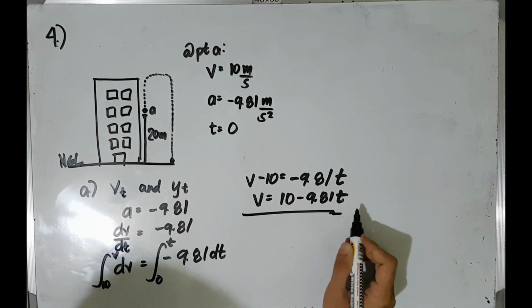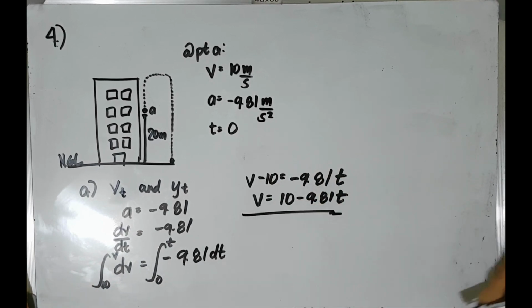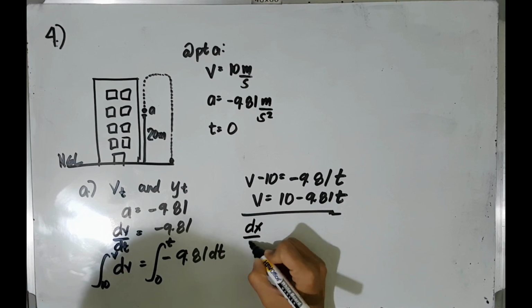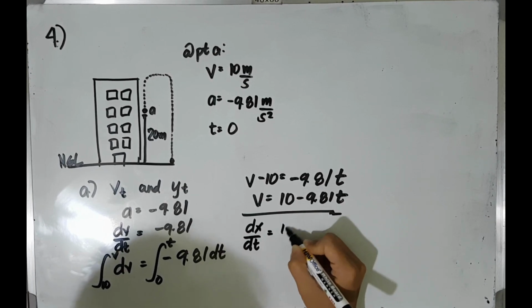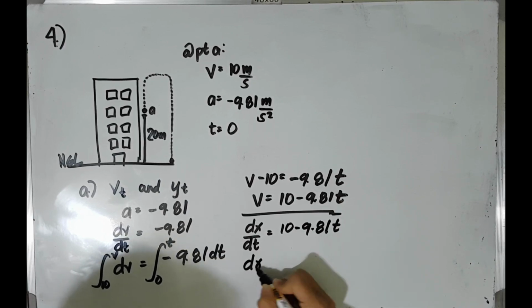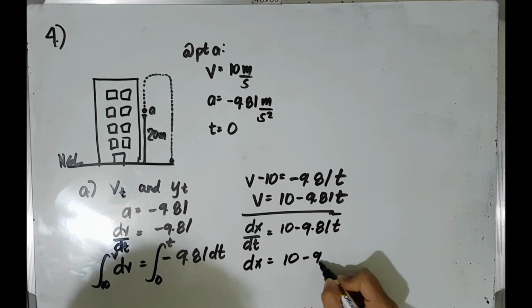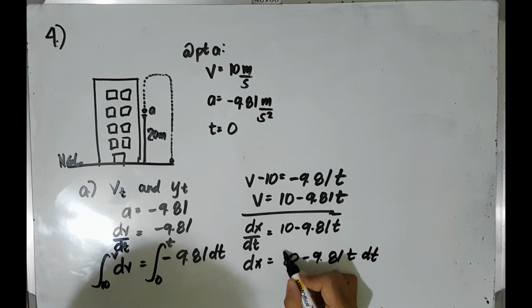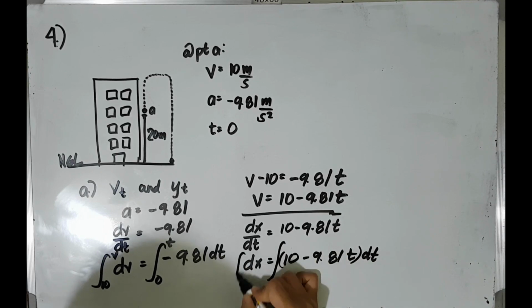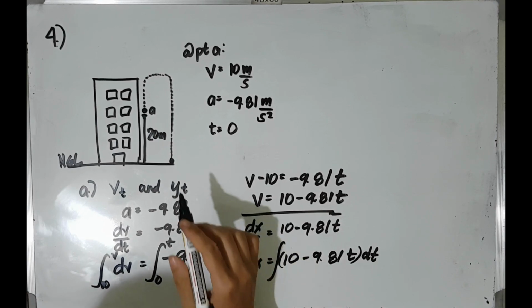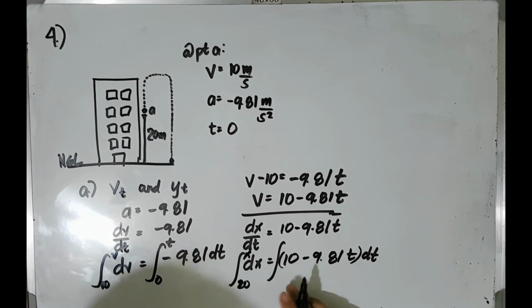And then next is kukunin natin yung x or the motion equation or the position. So integrating this one, a lower limit is 20, and then at a certain upper limit x, then lower limit here is 0, upper limit t.